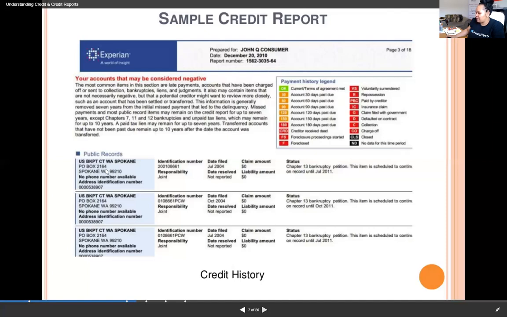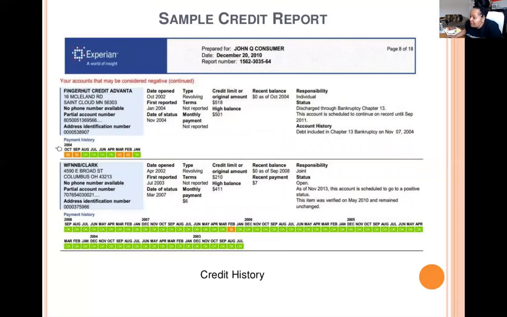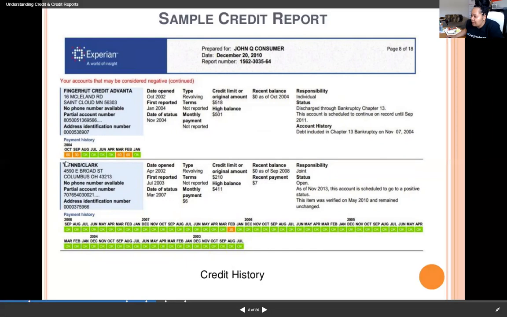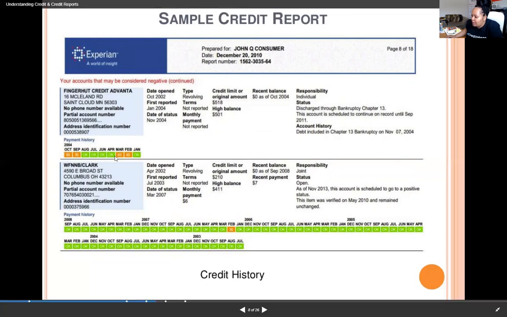When we look at this one, it's giving you the payment legend month by month, right? So there are some issues here. In October, they had a 60-day late. September, 30 days. They were good for August, July, June, and April. March and February, they were late again. So you can sort of see what's going on here, right?